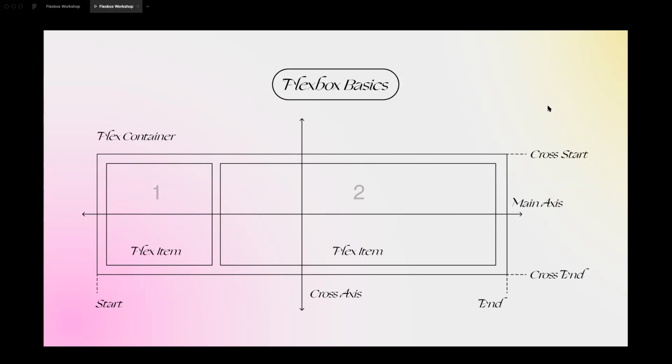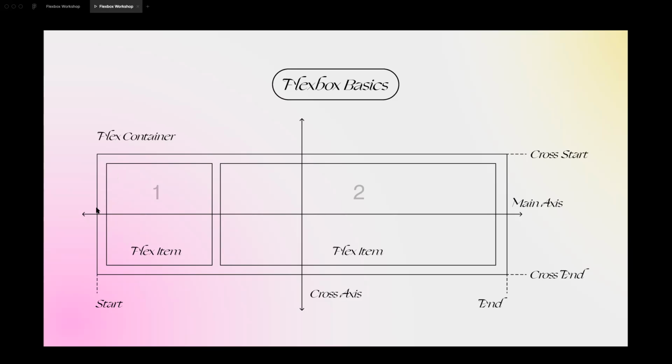The directions of these vary depending on the direction that you set using flex-direction. I'll go through the specific properties later, but you can use row, column, row-reverse, and column-reverse. Depending on which direction you choose, the main axis might turn. The default flex direction is row, and this is showing the default one.